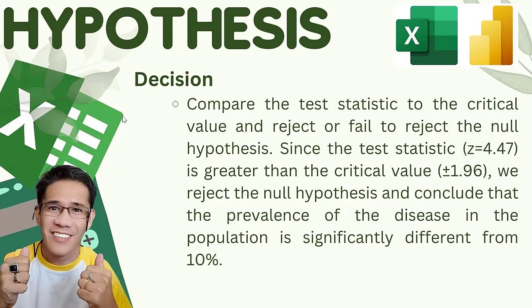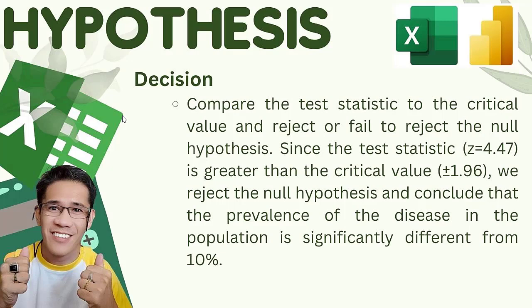Okay, so the decision is to compare the test statistic to the critical value and reject or fail to reject the null hypothesis. Since the test statistic of 4.47 is greater than the critical value of 1.96. Okay, saan ko nakuha ang 1.96?